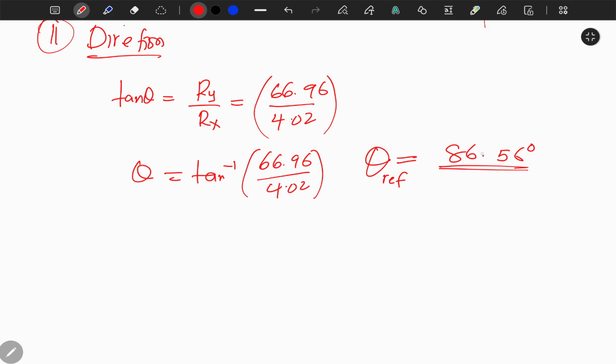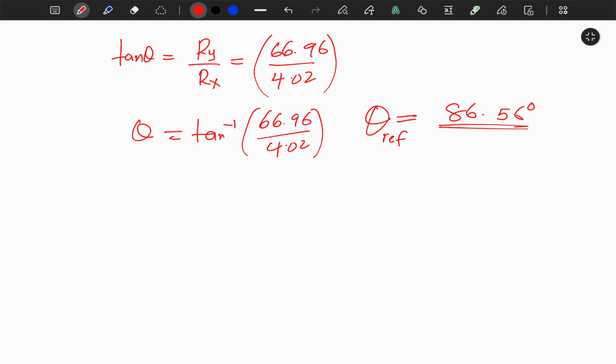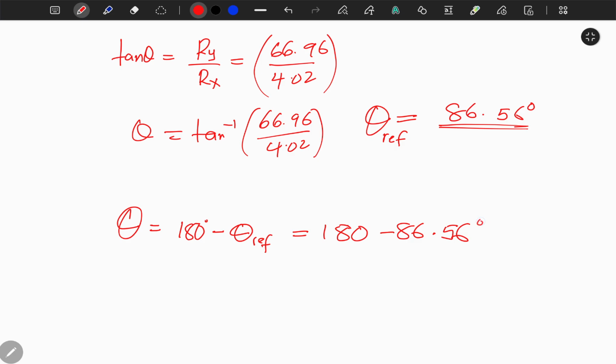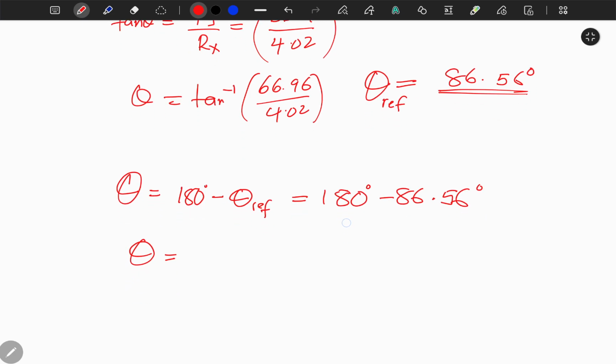Can you find this angle in the second quadrant? No, you can't. So what do we do to find it? If we want to find theta in the second quadrant, we say 180 degrees minus the reference angle. So 180 minus 86.56. And now the actual theta should be 90 something.